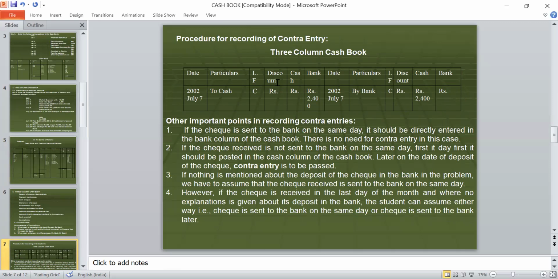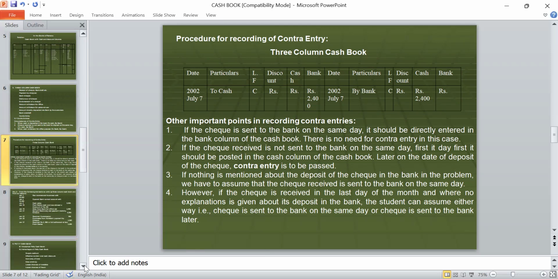So observe the three columns: first column is discount, second column is cash, third column is bank. Again, the same columns are repeated on the credit side: date, particulars, LF, ledger folio, discount, cash, and bank.